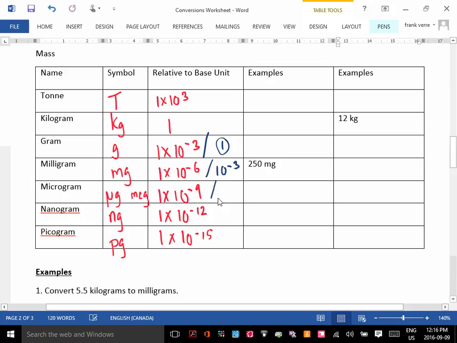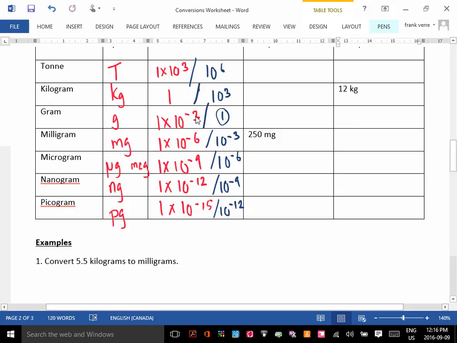The microgram would be 10 to the negative 6. The nanogram would be 10 to the negative 9. And the picogram, I like that name, 10 to the negative 12, okay? So you can pick the gram or the kilogram as your base. If the base was the gram, then the kilogram would be 10 to the 3, and a ton would be 10 to the 6. Okay?